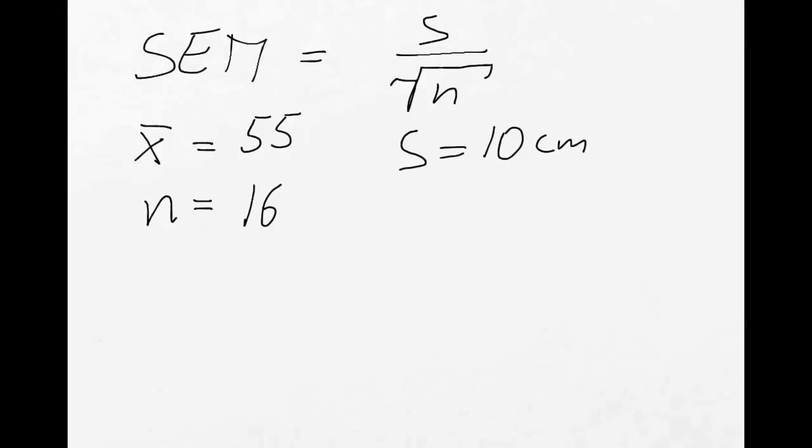Now we can very easily calculate the standard error of the mean in this case. You will see it as SEM or SE x bar. Sometimes you even see SE y bar. Why? I don't know.